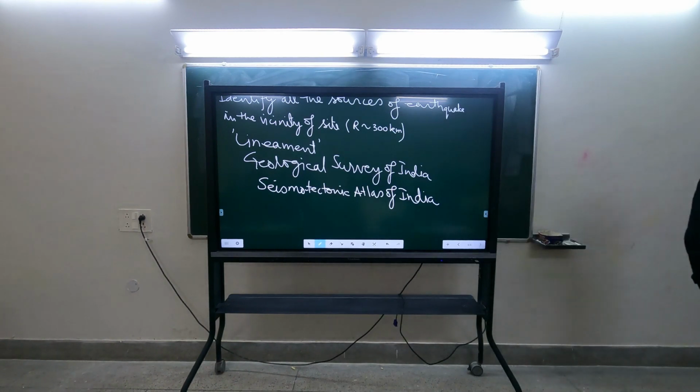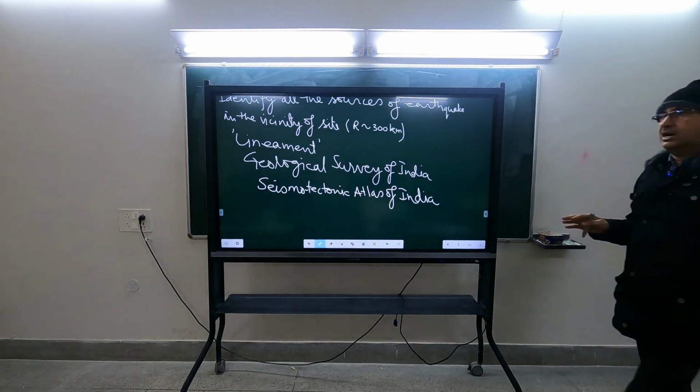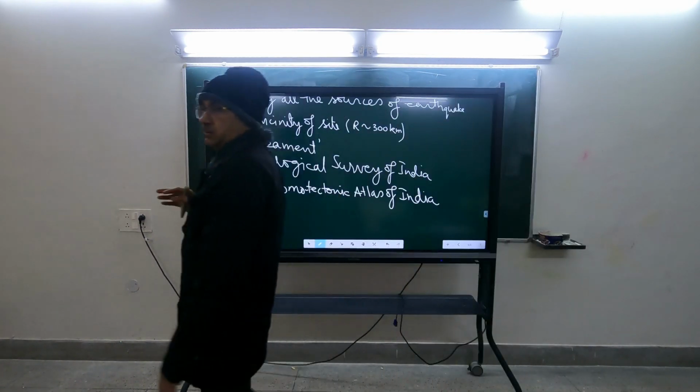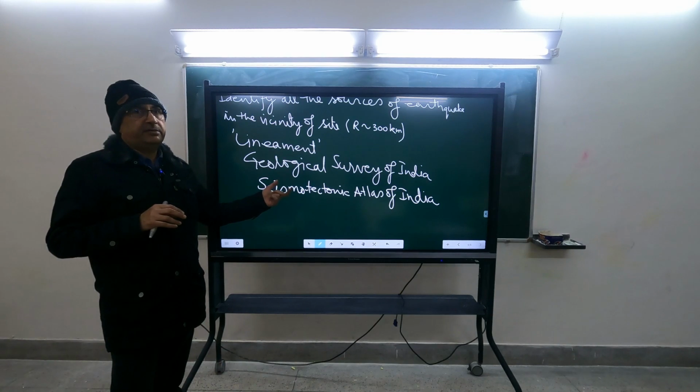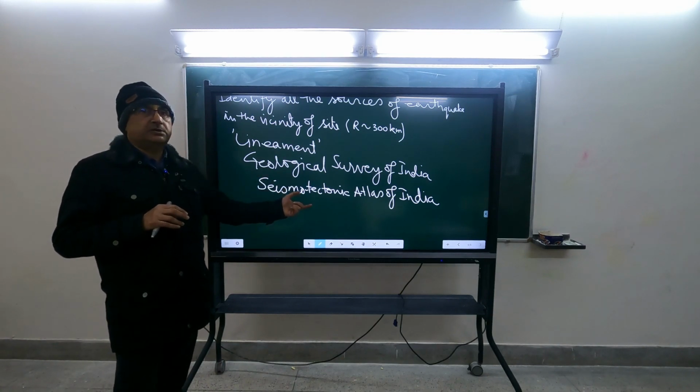A copy of that is available in our library. You can have a look at how this atlas looks. All the known faults are mapped in this atlas, all the faults which have been identified so far.